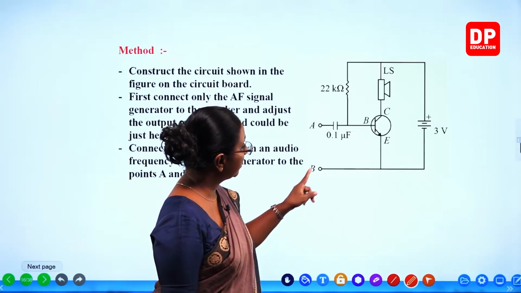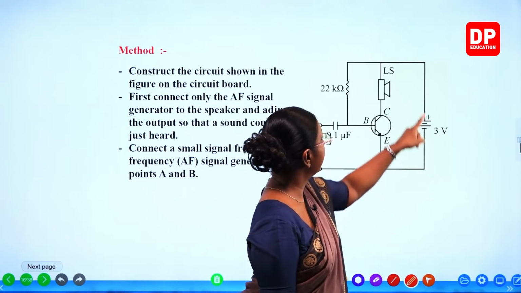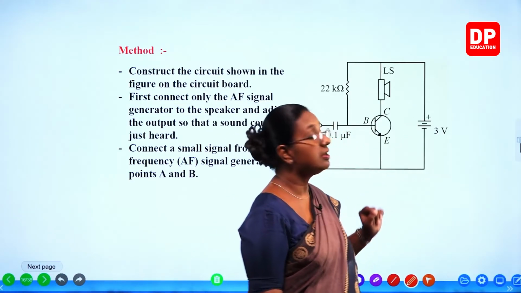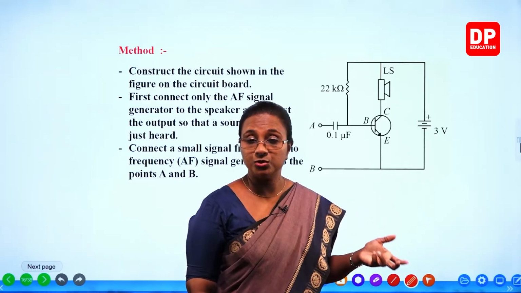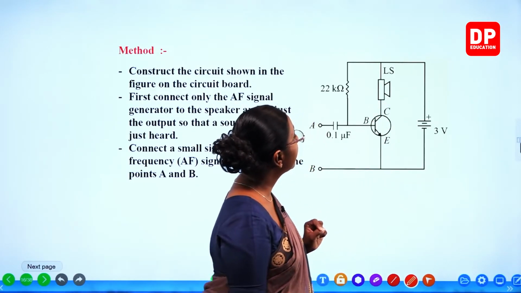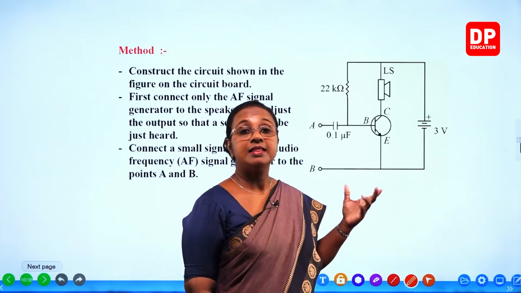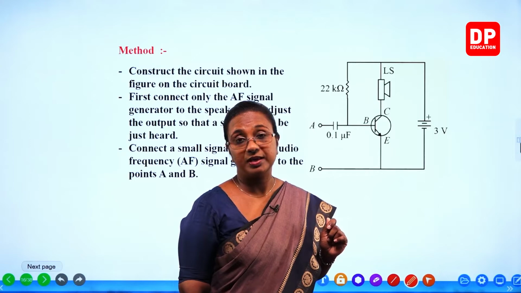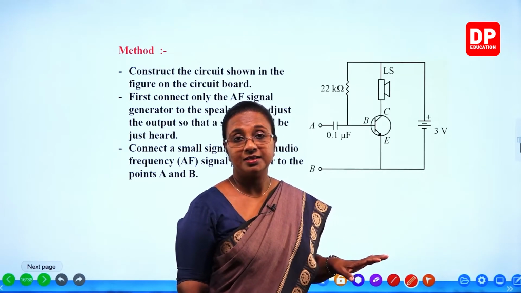Then you can see the emitter collector circuit is connected to the 3 volt battery because we need to supply current there. And then you can see the loudspeaker that is connected here. LS means the loudspeaker. Is that clear?